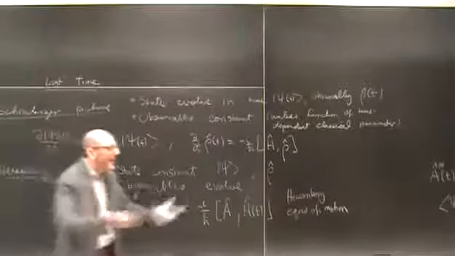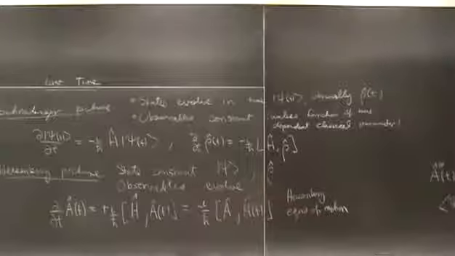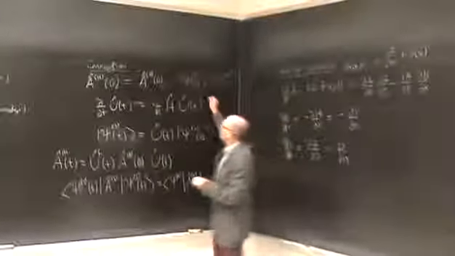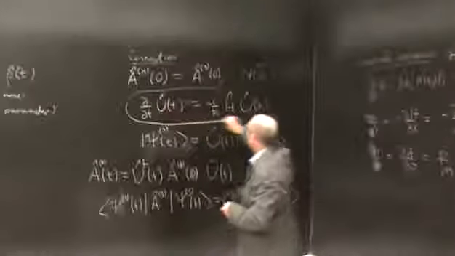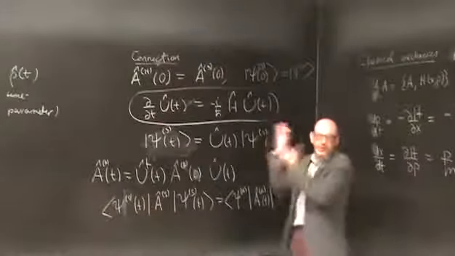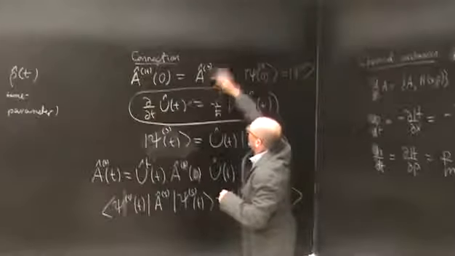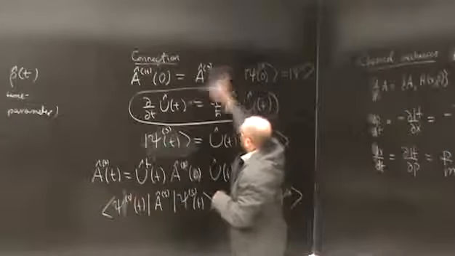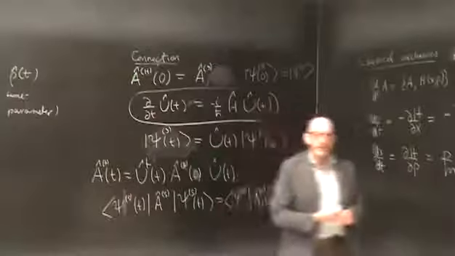The connection between these is through the unitary evolution. That's general. Whether I'm talking about the Heisenberg or the Schrödinger picture, there's a time evolution operator. And we take the initial conditions that whatever the Heisenberg operator is at time t equals 0 is what the constant Schrödinger picture operator is.